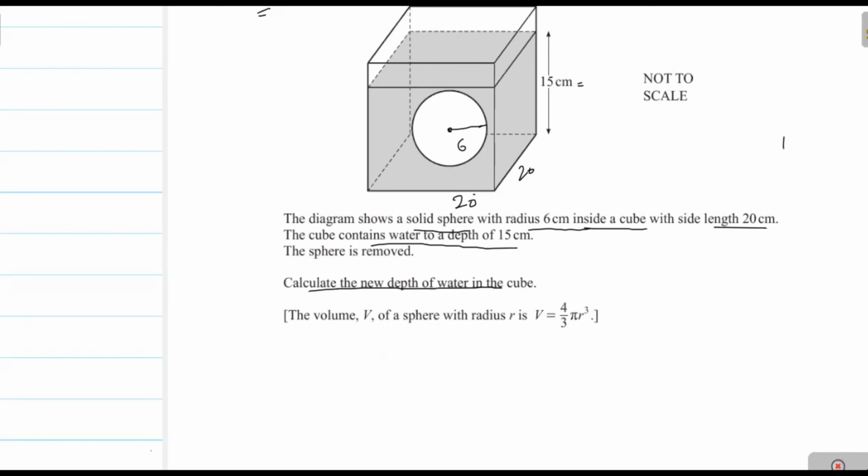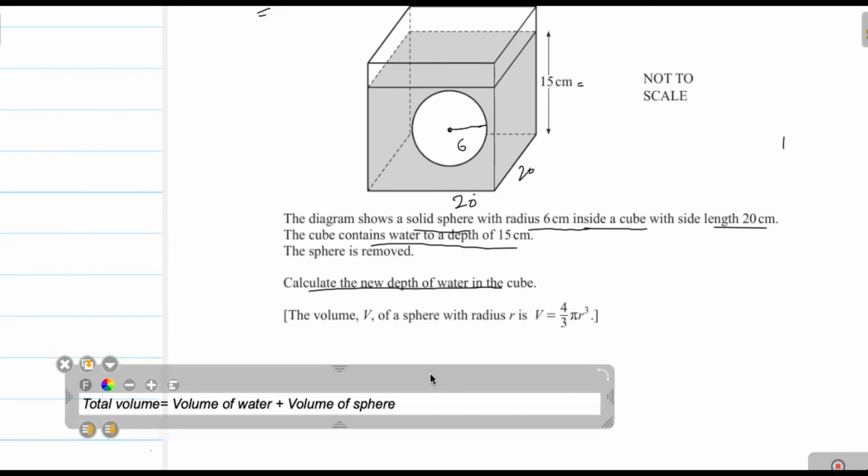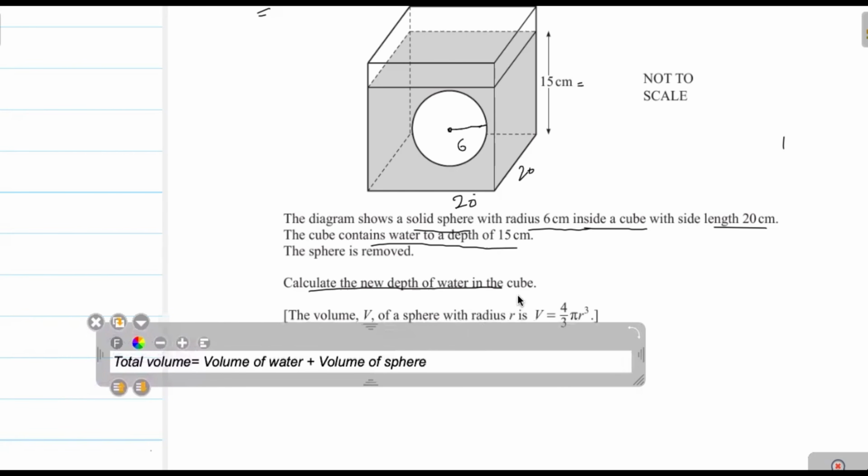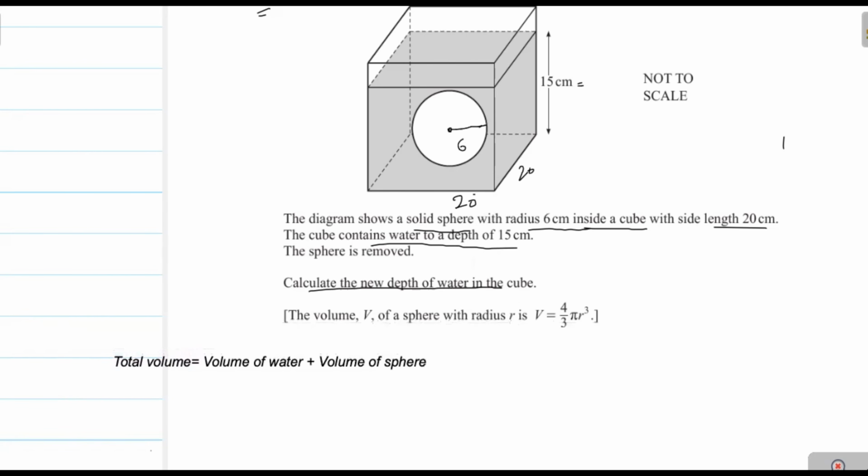Now this total volume is equal to volume of water plus volume of sphere. The volume of water is equal to length multiplied by width multiplied by depth of water. Here the length is 20 multiplied by 20, and this depth of water is 15. Next, the volume of water after removing this sphere is 20 multiplied by 20.